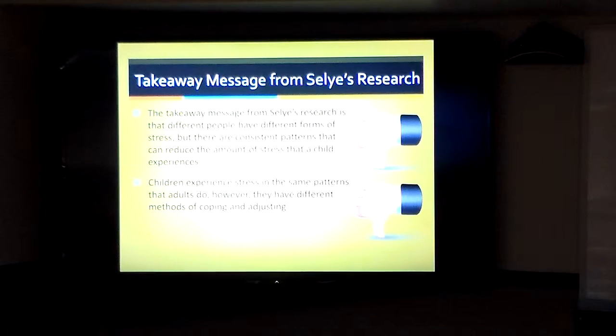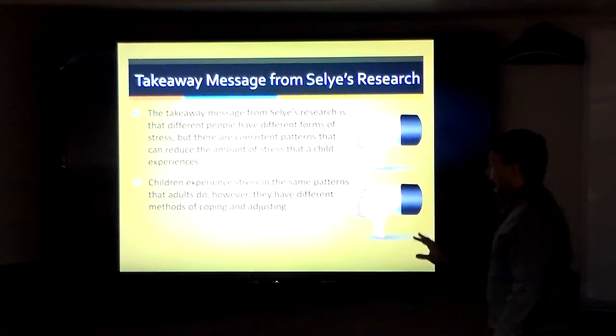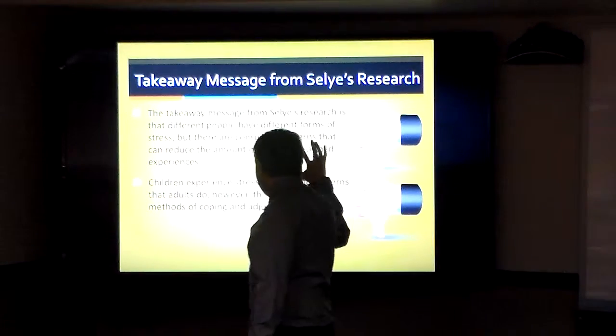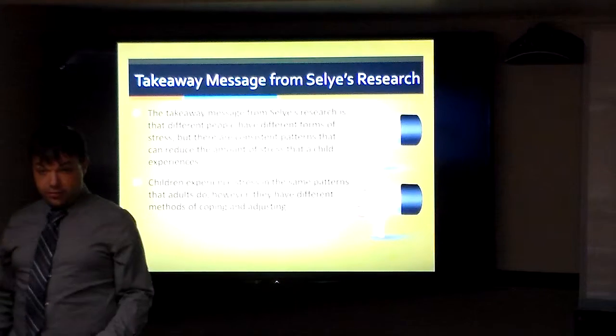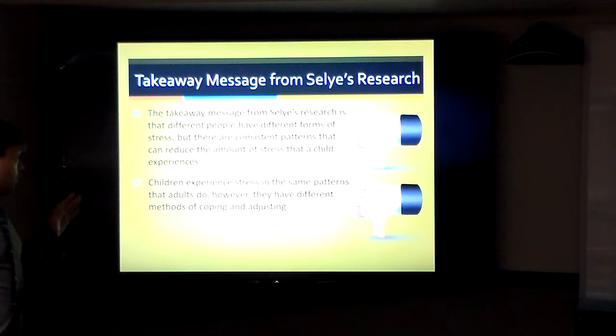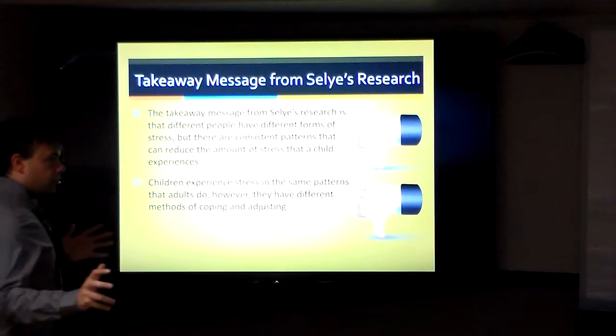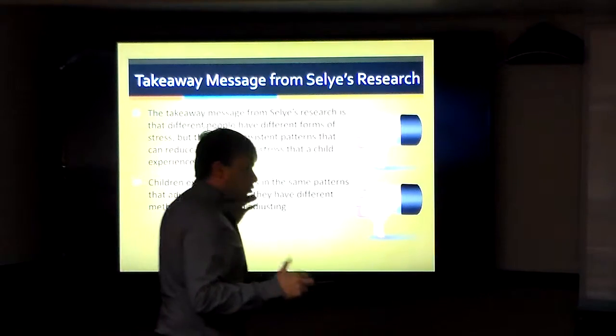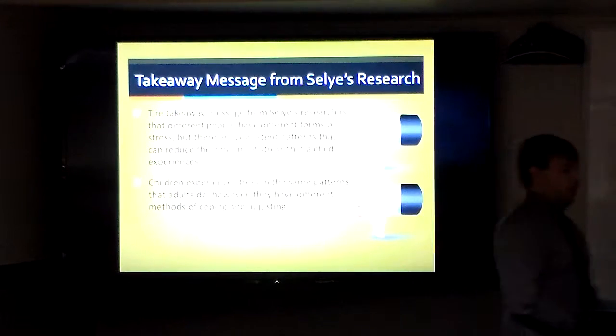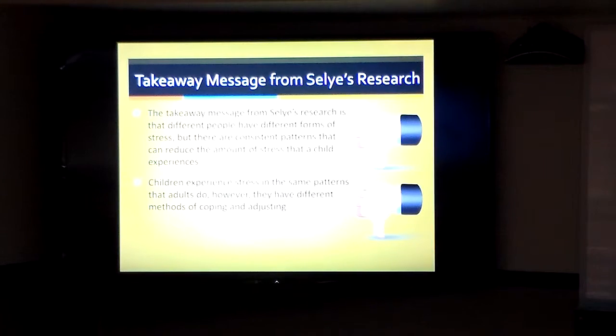So children have different patterns of coping and adjusting to stress, but they experience stress the same way that adults do. So there are patterns that you as the teacher can use to help reduce the amount of stress that a child might experience.